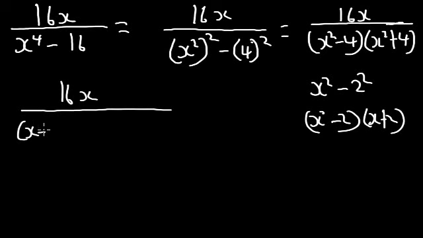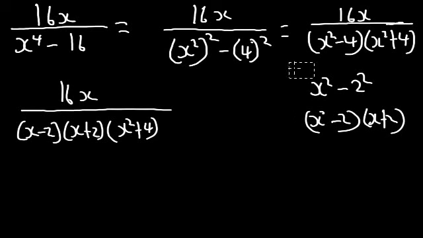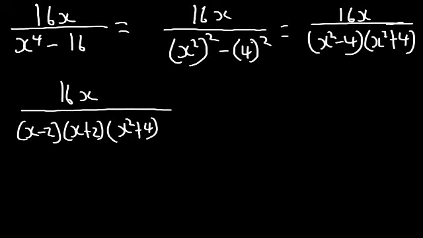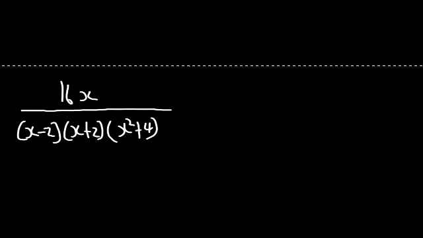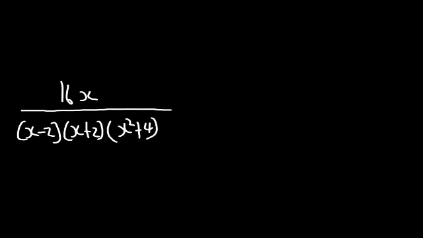So therefore we have x minus 2, x plus 2 multiplied by x squared plus 4. Be very careful: x squared plus 4 cannot be factorized or simplified to any lower term anymore, as that is the end. Now we have everything simplified to the lowest term. We have factorized this given complex fraction completely.